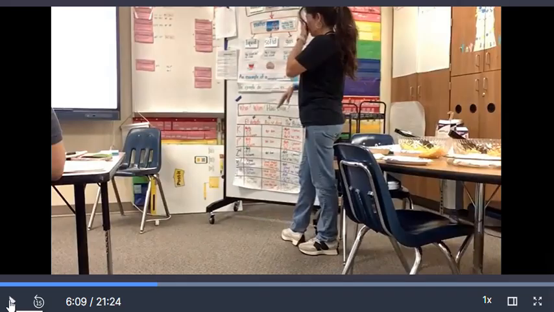Let's say I noticed that a lot of kids were making a mistake when writing the word liquid, writing it with a K, which is what usually happens. Later you're going to see my contrastive analysis, but it has to be one of the words on your pictorial anchor chart.